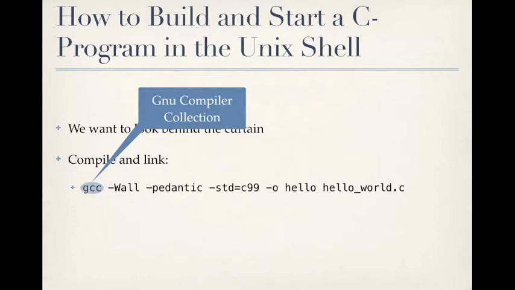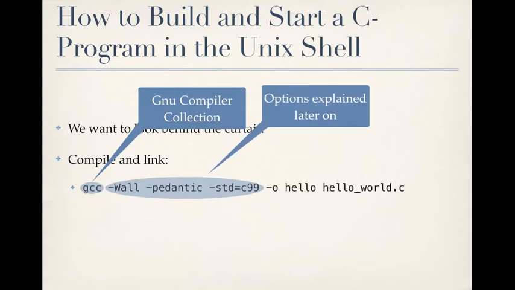But if we feed in a C source, then the gcc is compiling the C source into machine code. Then the next stuff here is a bunch of options I will explain later on. So we simply ignore them for the time being.